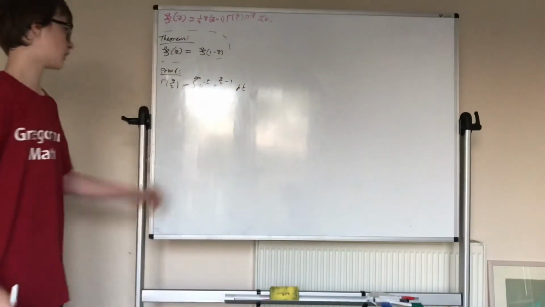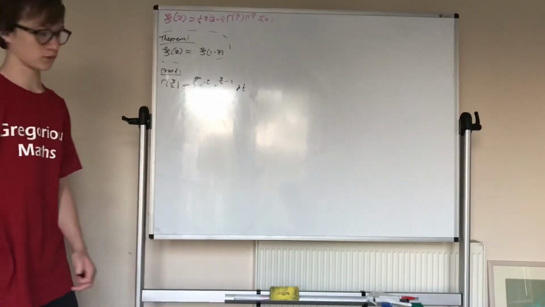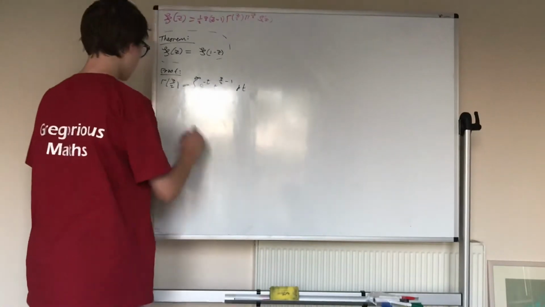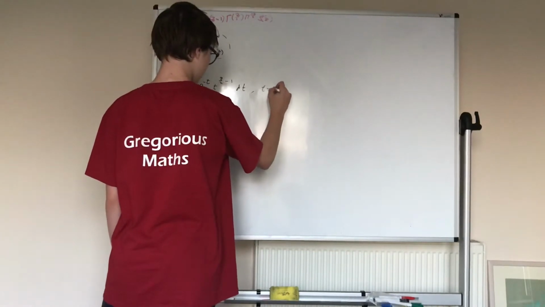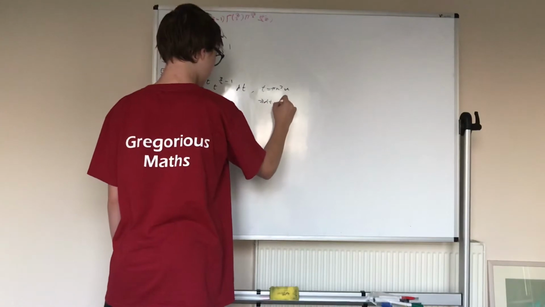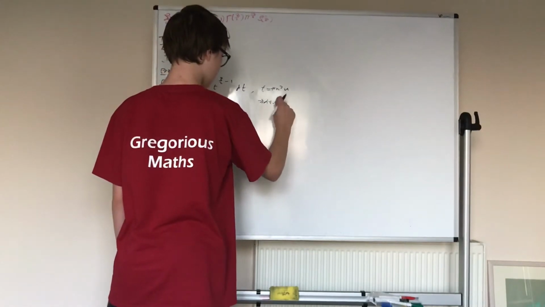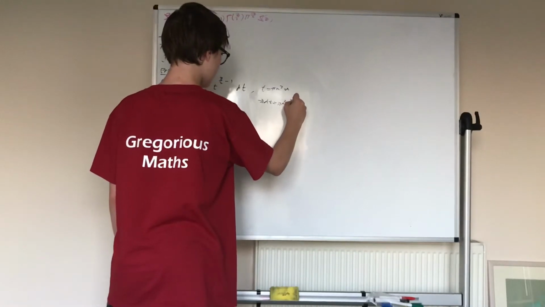Okay, so gamma of z over 2 is equal to the integral between 0 and infinity of e to the negative t, t to the z over 2 minus 1 dt. This is the definition. Now, letting t equal pi n squared u implies that dt equals pi n squared du.